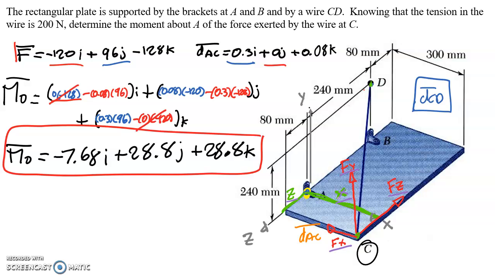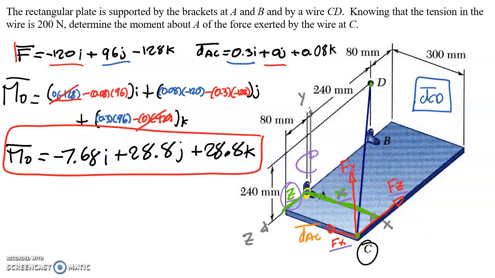Let's see. The force X is only going to be perpendicular to the vector of distance, or the distance C. That means we will have C times X, and it's going to create a moment like this in the Y. Now, what else is creating a moment in the Y?